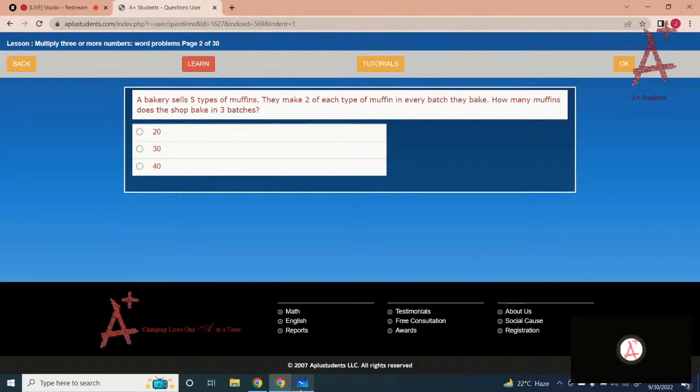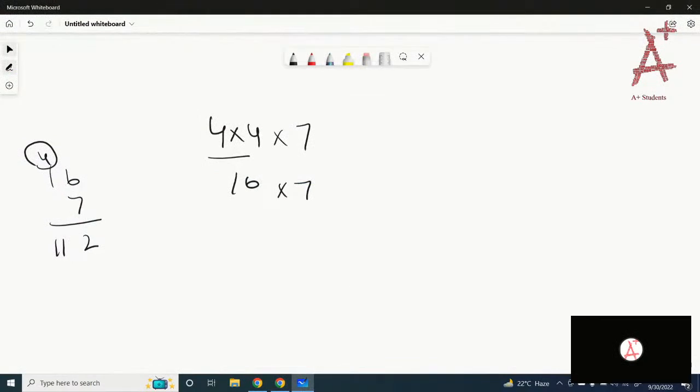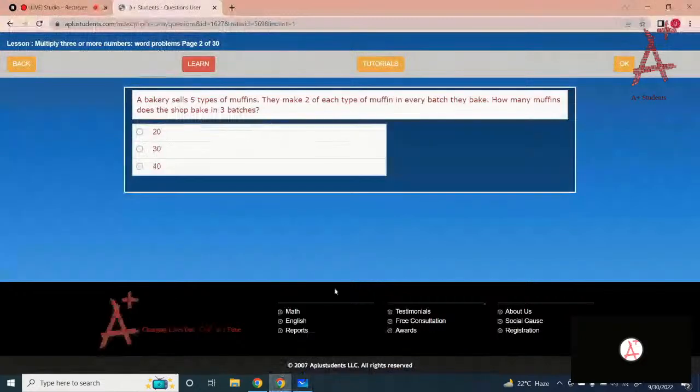So 5 times 2 is 10 and 10 times 3 is 30. Got it? That means in total they bake 30 muffins. So select the correct option and click on the OK button.